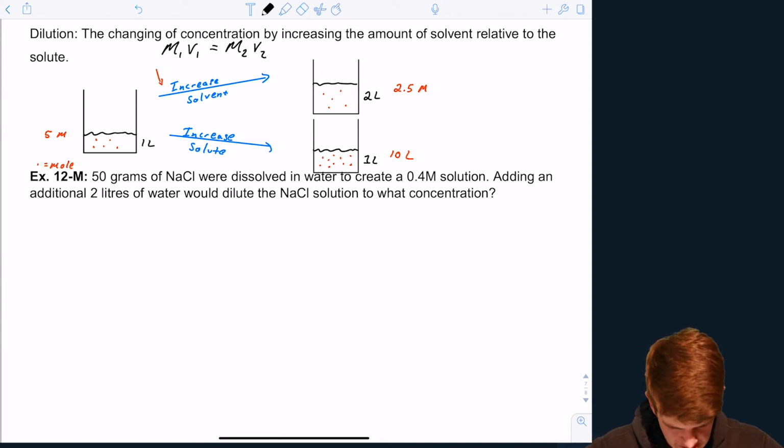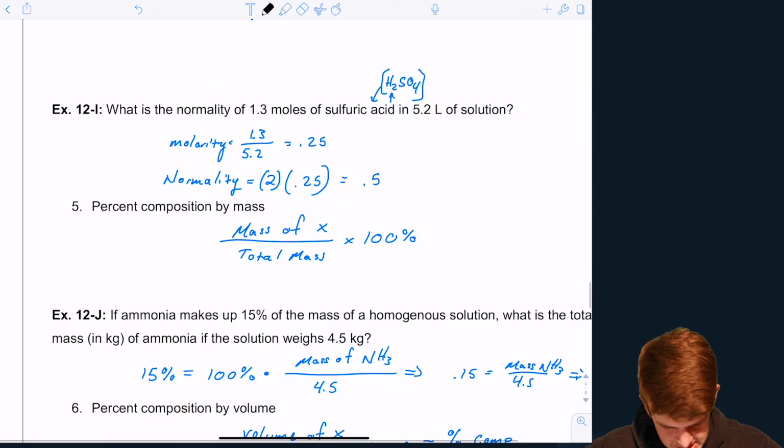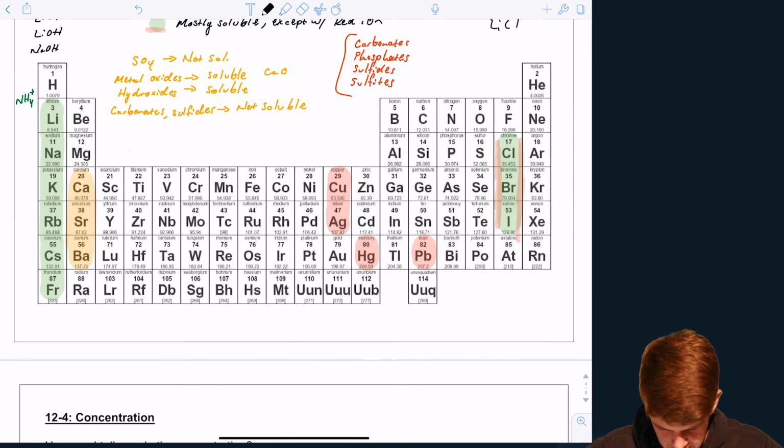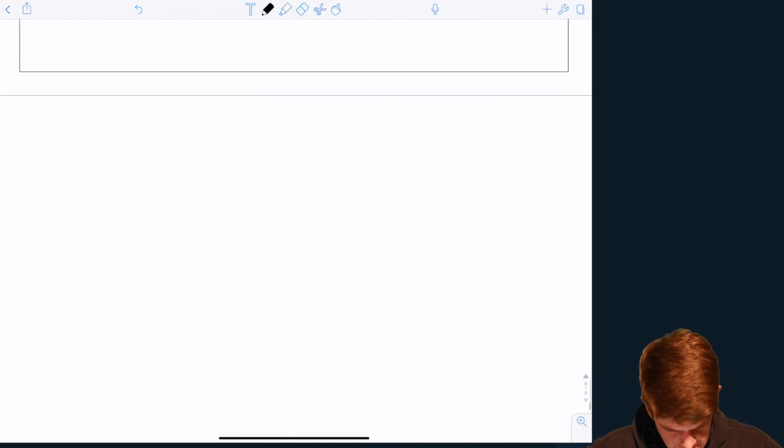All right, well, we know we have 50 grams of NaCl. The atomic masses are 22.99 and 35.453.